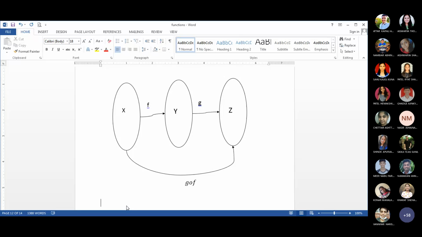And G composed with F कब exist होगा? G composed with F will exist if F का कोडोमेन is same as G का domain. ठीक है? That is what the diagram tells us.